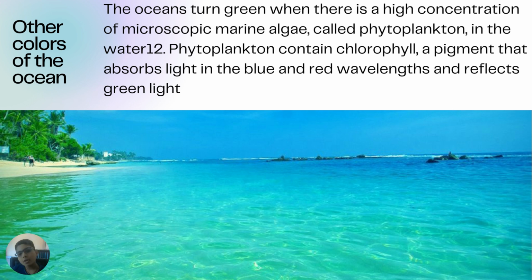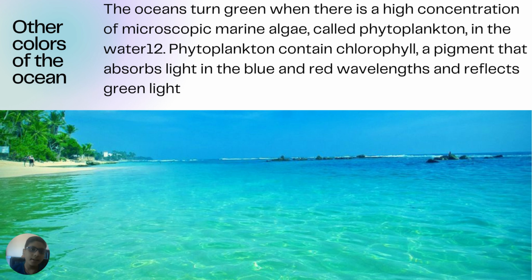The oceans turn green when there is a high concentration of microscopic marine algae called phytoplankton in the water. Because of this microscopic marine algae, known as phytoplankton, it happens.